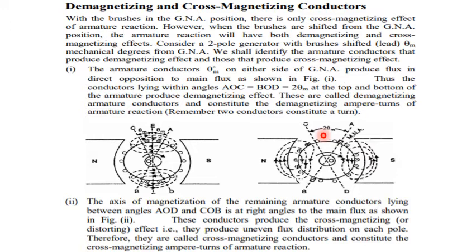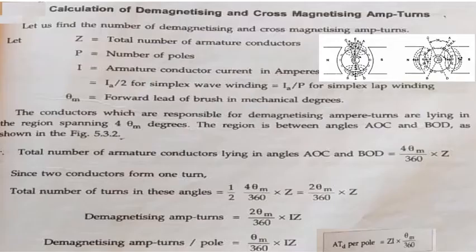Similarly, the conductors you can find here, that is BOC and AOD, are the cross-magnetizing conductors, and these contribute to the cross-magnetizing ampere turns of armature reaction. Now let me deduce an expression for the demagnetizing ampere turns and cross-magnetizing ampere turns.